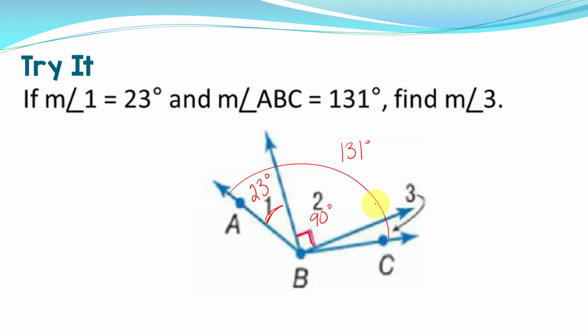So the whole thing is 131, so I've got 23 degrees plus 90 degrees plus some other degree, angle 3, is going to equal 131. Okay, so we're going to add up 23 plus 90 is 113, so 113 plus x equals 131. And then I'm going to say x equals 131 minus 113. So x equals 18 degrees.